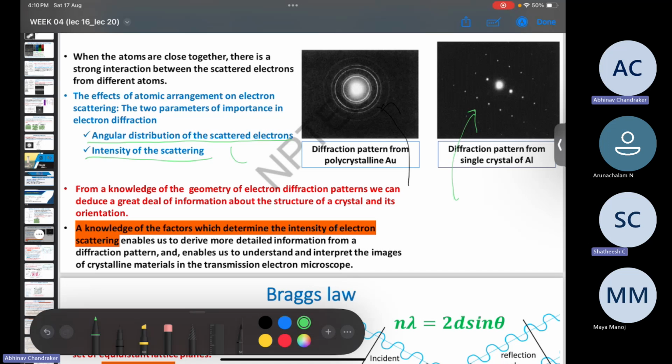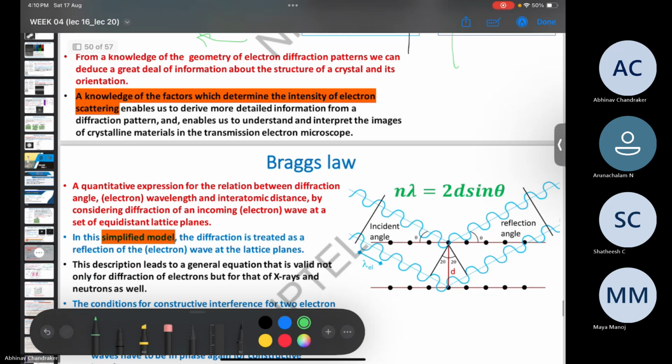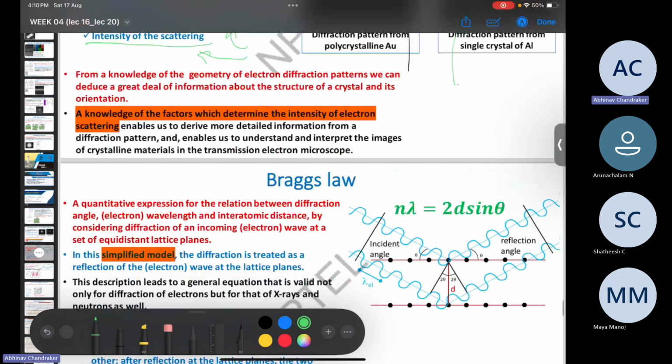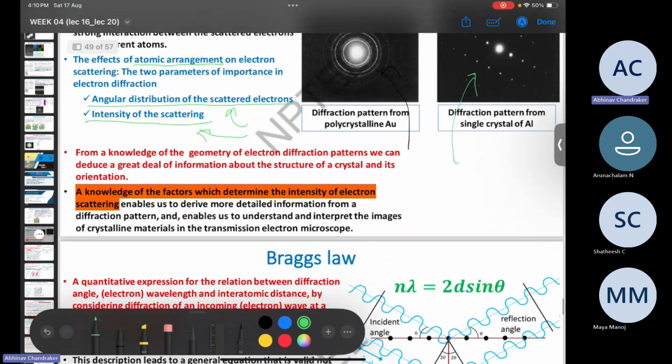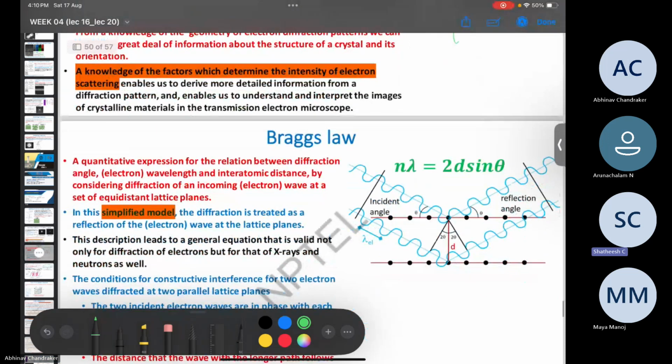Both of these signals can give you some information related to the atomic arrangement. Based on these factors, we can derive detailed information from the diffraction pattern.